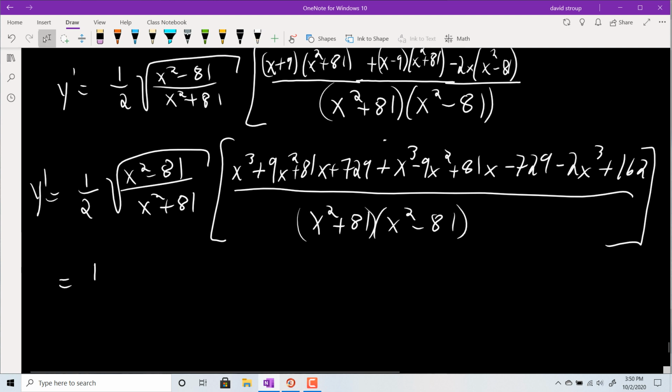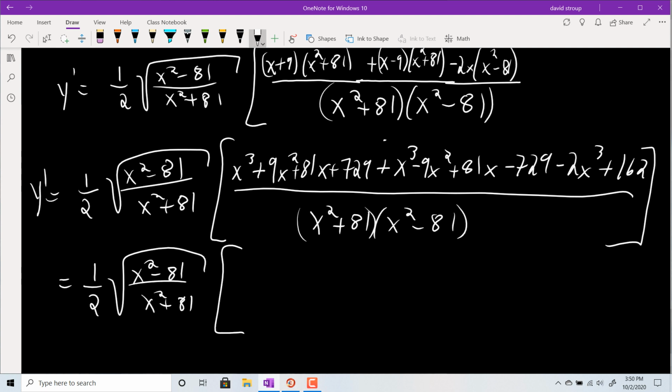Okay, so this would be 1/2 over x squared plus 81 times. So x cubes, we got 1, 2, but then that will go away. Then 9x squared is gone, so no more x squares. 81x's, something's telling me that this should be negative 81 or something. Maybe the other one was. I don't know.